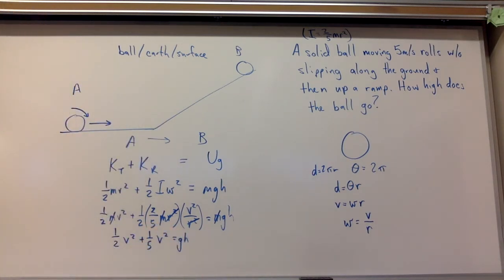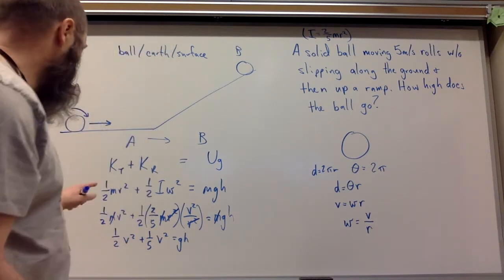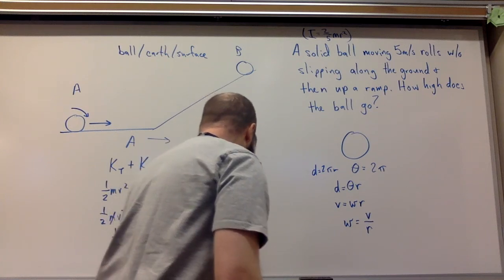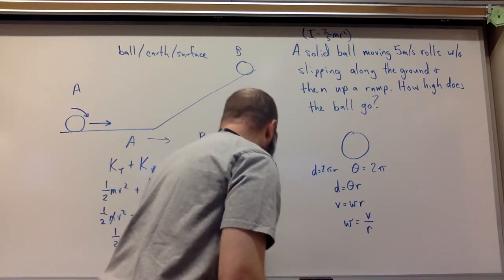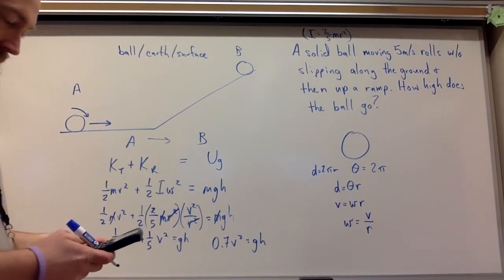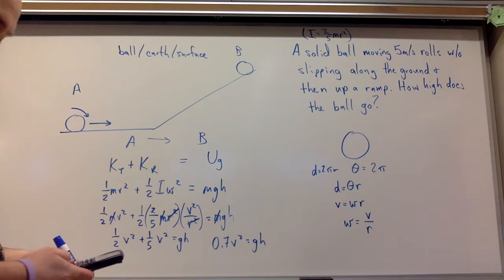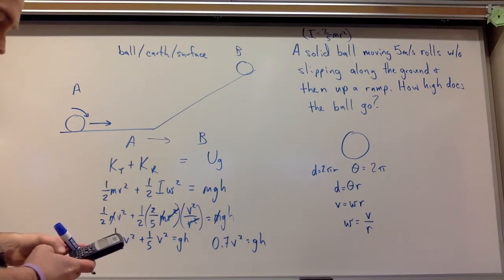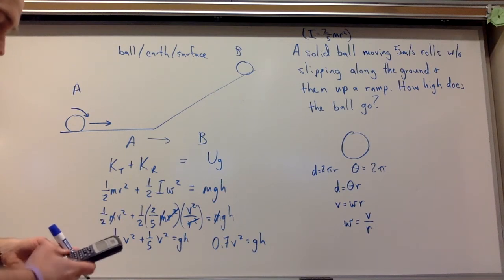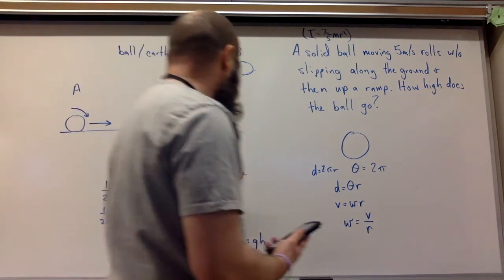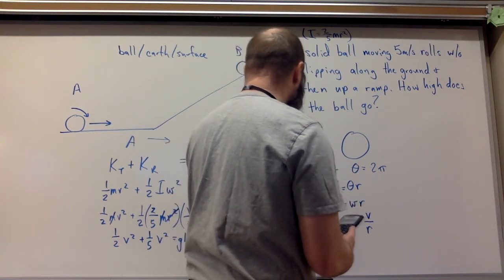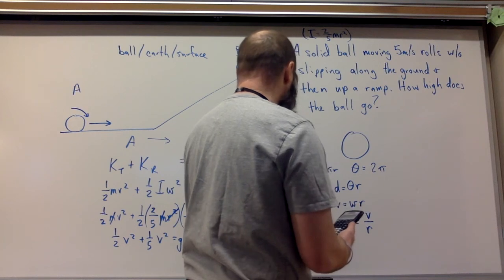And then doing your handy-dandy math, you get 0.5 plus 0.2 is going to be 0.7 v squared equals g times h. And if we do some algebra, 0.7 times 25, because 5 squared equals 25, gives 17.5, divided by 9.8, and you get the height to be 1.786 meters.